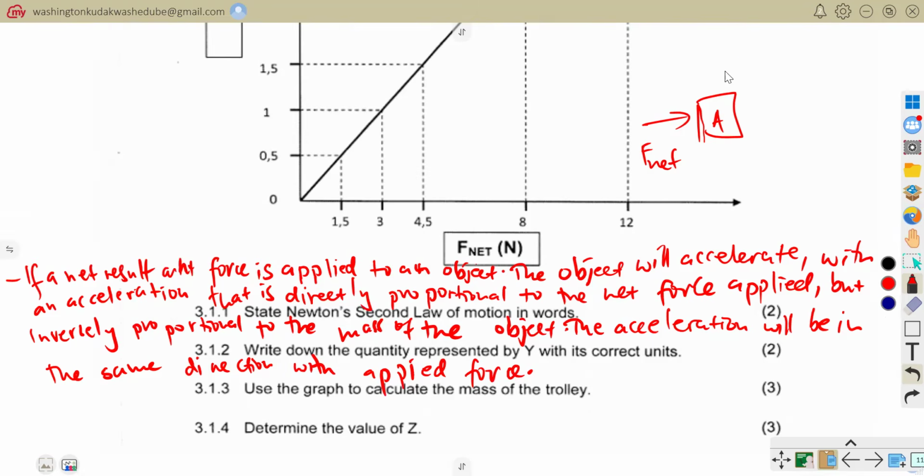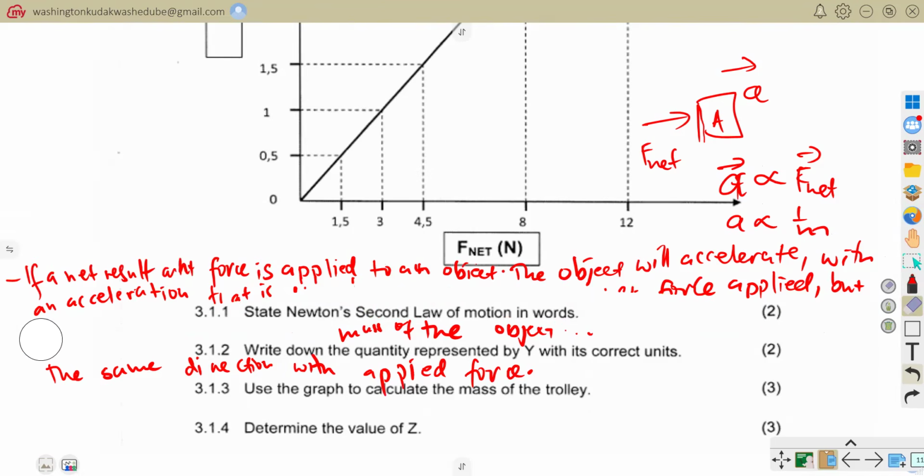This object A will start to accelerate, and the acceleration will be directly proportional to the net force applied, but inversely proportional to the mass of the object, and the acceleration would be in the same direction as the net force applied. That is what Newton's second law states in words. That is what you need to know and understand.